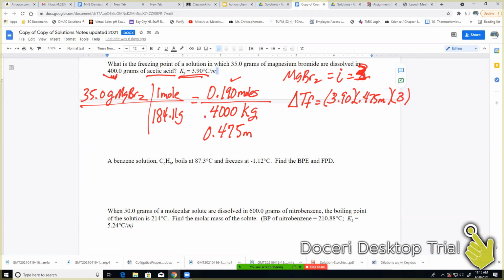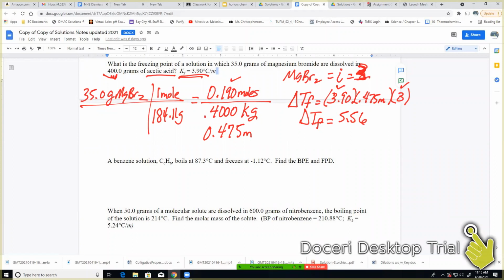Multiplying is going to be 5.56. Once again, 3 sig figs because of my 0.475. 3 is a counting number and 3.90 is a constant, so those do not become part of the sig fig process. So that's how much the change was, and I'm dealing with freezing point.